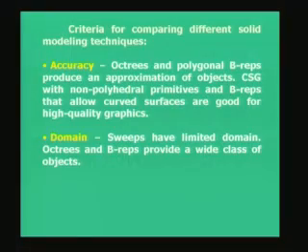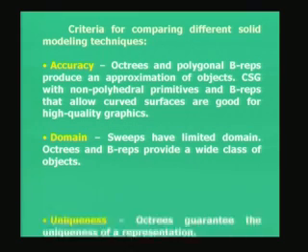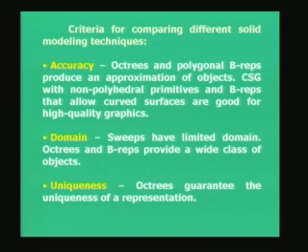Regarding the domain, sweeps have a limited domain, because you can cover only those solids for which you can generate a sweep model. Octrees and boundary representations definitely provide a larger class of objects than sweeps. Well, in terms of uniqueness of the representations, octrees guarantee uniqueness, because with other types of representations, the problem is that it depends upon the approximation you take of the polygonal vertices.